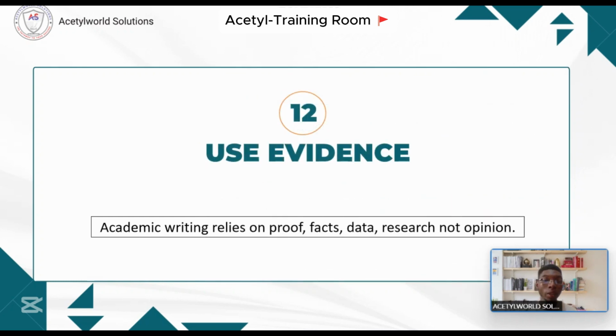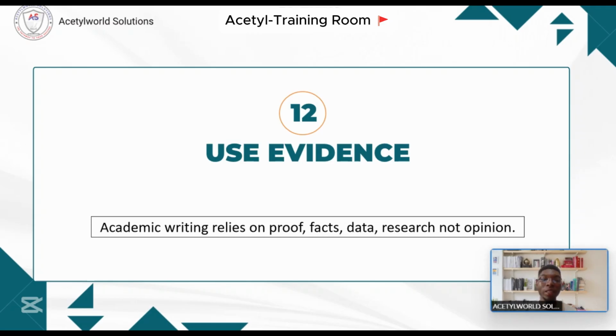So use evidence. Of course, this is very, very crucial. Academic writing relies on proof, facts, data, and research, not opinion. Like I have said, it's not to be based on your opinion. So you have to give us the proof, and the proof can only come by you actually referencing previous work.